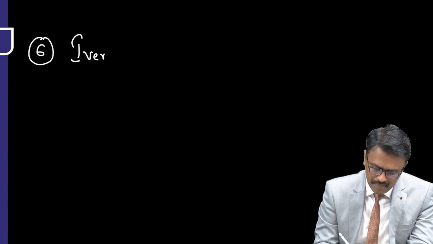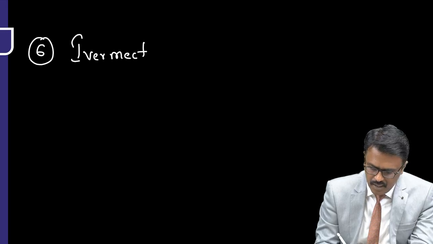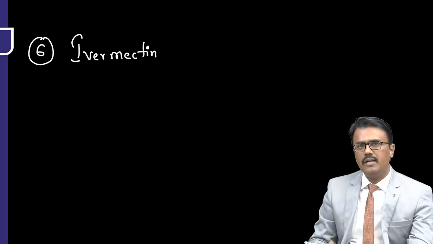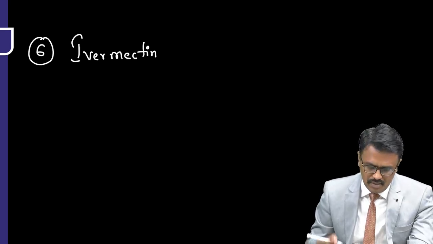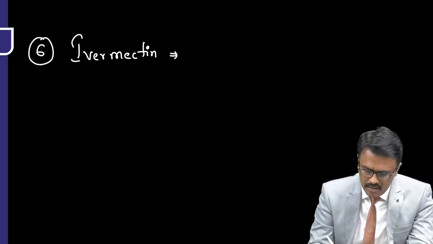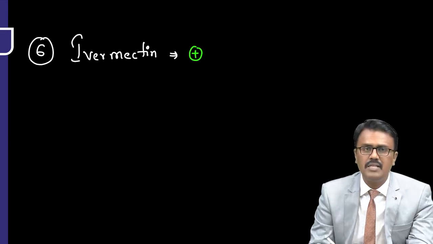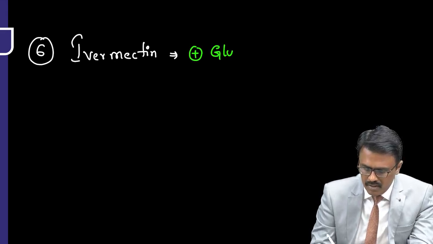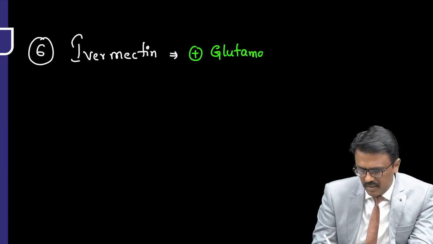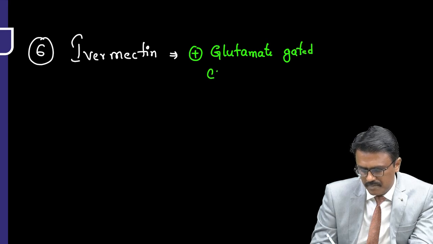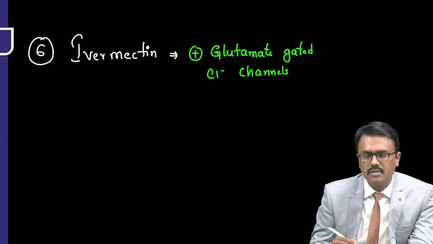Now, another important drug is called ivermectin. Ivermectin was also tried during COVID-19, but not so effective. The mechanism of action is it stimulates a special channel called glutamate-gated chloride channels.